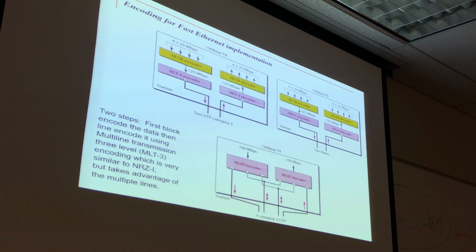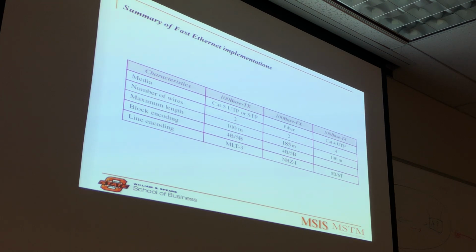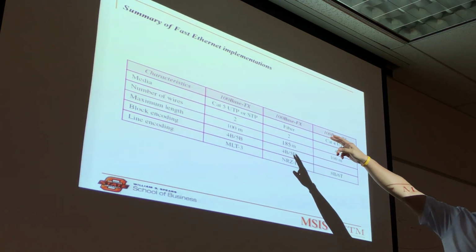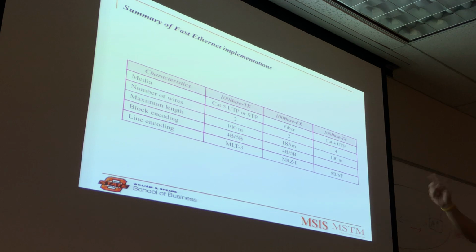And then I already showed that a couple of weeks ago. Fast Ethernet started to use some fiber. So FX, here F stands for fiber. By the way, if you look at the Ethernet physical layer standards, they all start with a number, either 10, 100, 1000, or 10G. They refer to the transmission speed or bit rate of the standard.